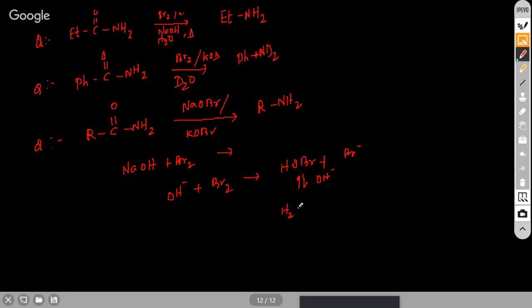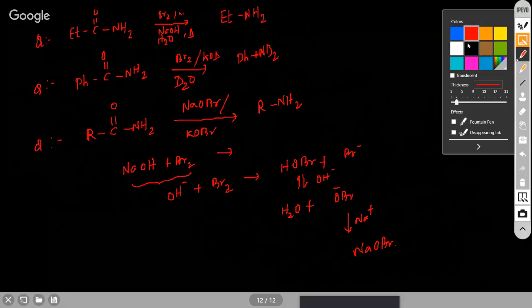So it forms H2O and OBr minus. This OBr minus and Na plus will join, and it forms NaOBr. So when you write NaOBr or you write Br2 plus NaOH, both are the same thing. There is no difference in it. Both are Hofmann bromamide only. Understood?